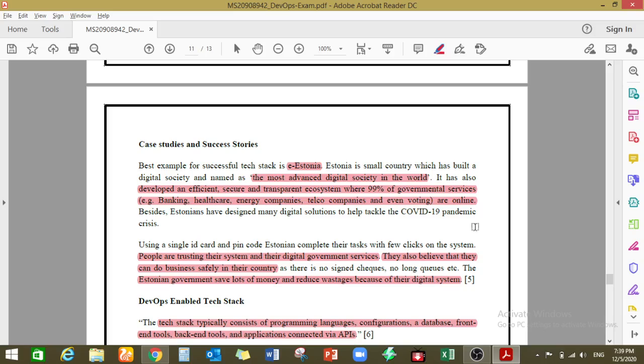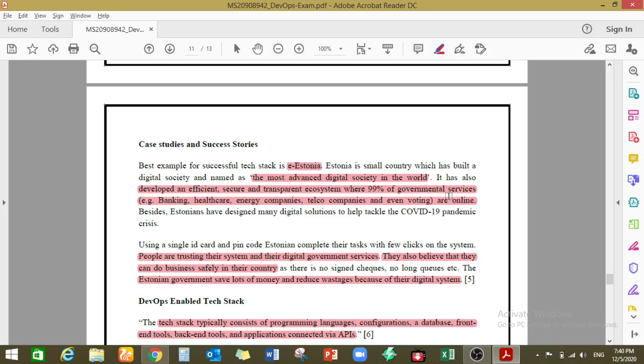A successful case study or success story is Estonia. Estonia is a small country which was in Soviet Russia, which has built a digital society and is known as the first advanced digital society in the world.